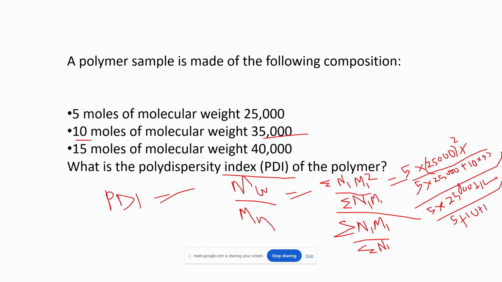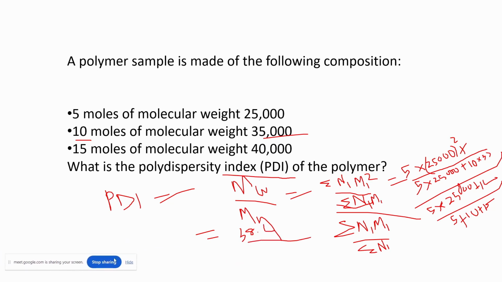So basically you have to calculate this entire thing. According to my calculation, MW is coming to 38 point something, 38.4, and MN is coming to 34.1.